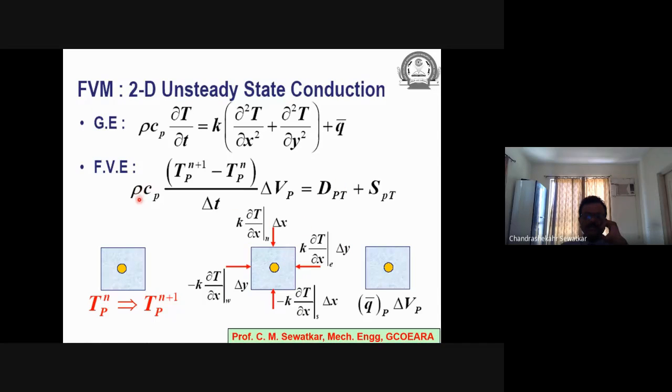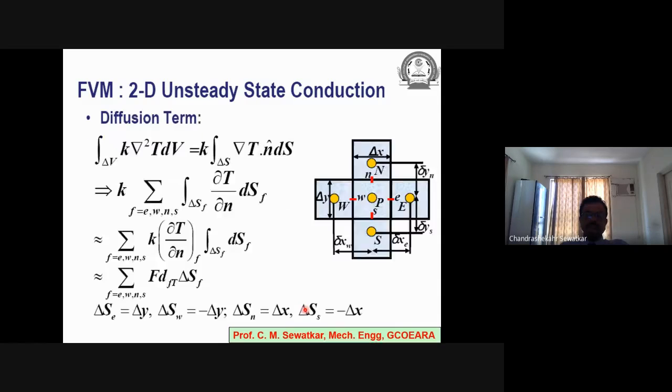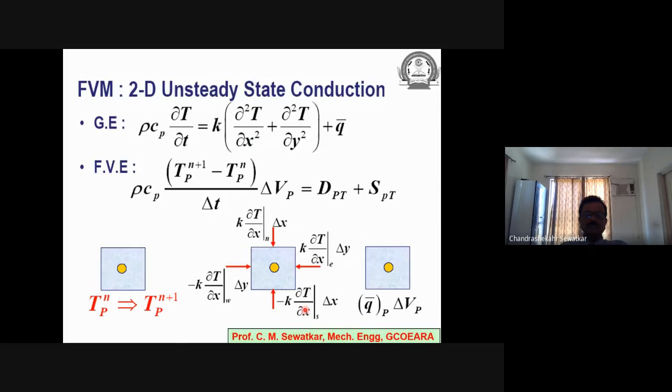So my unsteady term is rho Cp, Tp at n plus 1 minus Tp at nth level, upon delta T, into delta Vp. That was the discretized form of my unsteady term. It is here. And then there is dPT, which is the summation of all these four heat transfers across four phases, plus SPT.